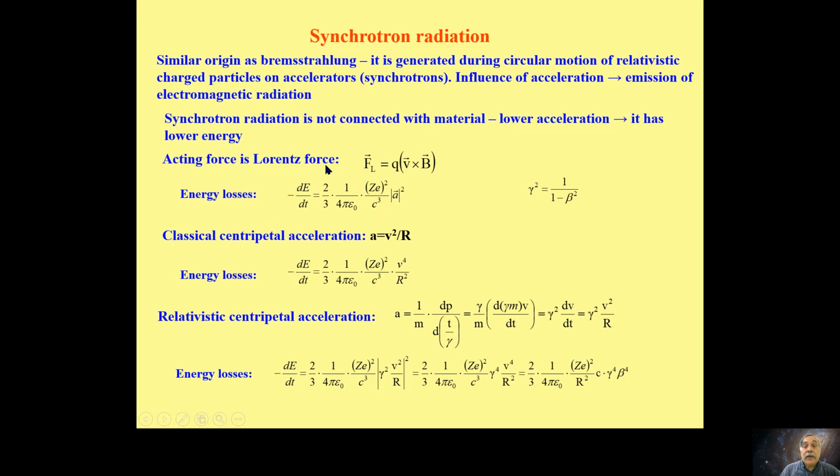This magnetic field acts by the Lorentz force. If you remember, this is the intensity of the magnetic field, this is the vector multiplied by velocity, and here is the charge. These energy losses are given by acceleration, the same as for Bremsstrahlung radiation, and this acceleration is given by the Lorentz force, but it is given also by the classical centripetal acceleration.